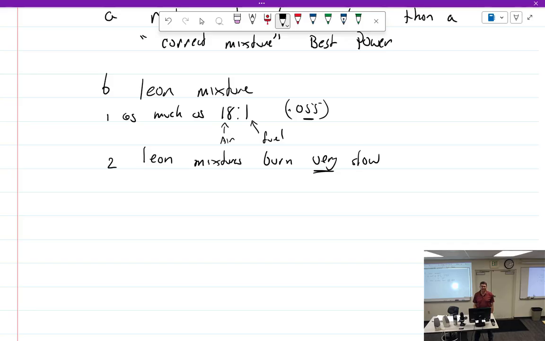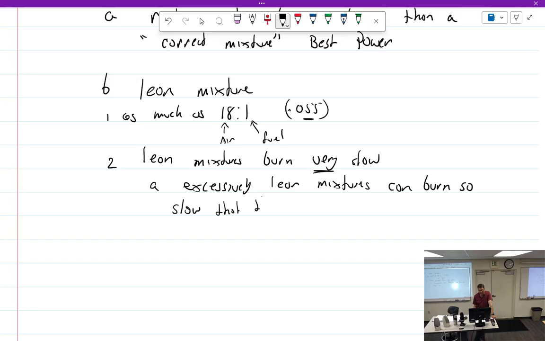But in your Q&As, the theory is, and I don't necessarily buy into this, but okay, fine, that an excessively lean mixture, or mixtures, can burn so slow that the fuel is still burning when the intake valve opens.